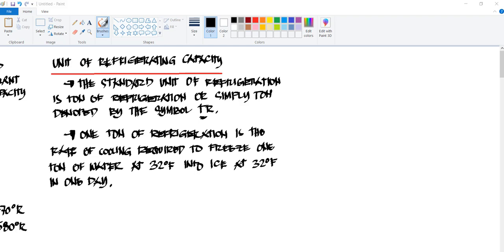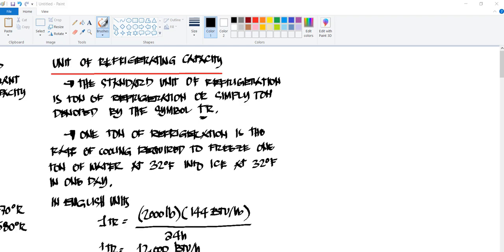So when we say 1 ton of water, that is weight of the water. 1 ton of water at 32 degrees Fahrenheit into ice at 32 degrees Fahrenheit in 1 day. So 32 degrees Fahrenheit, that is also 0 degrees Celsius, into ice at 32 degrees Fahrenheit in 1 day.